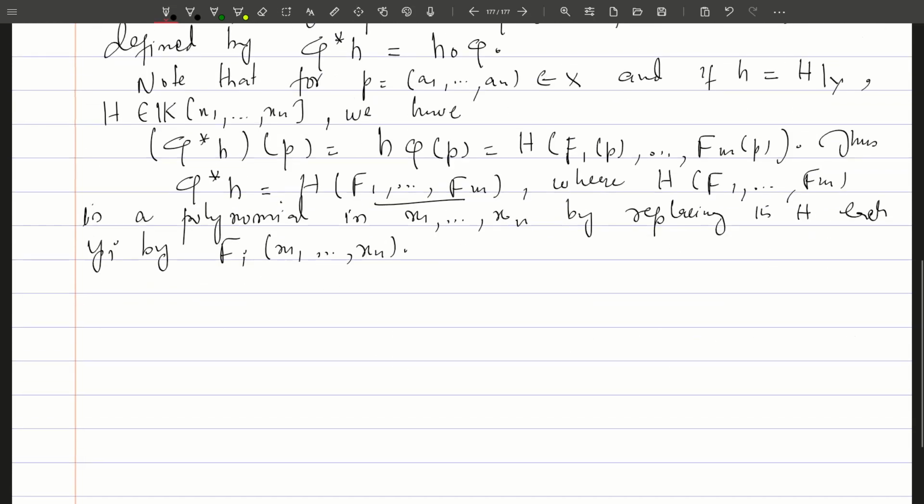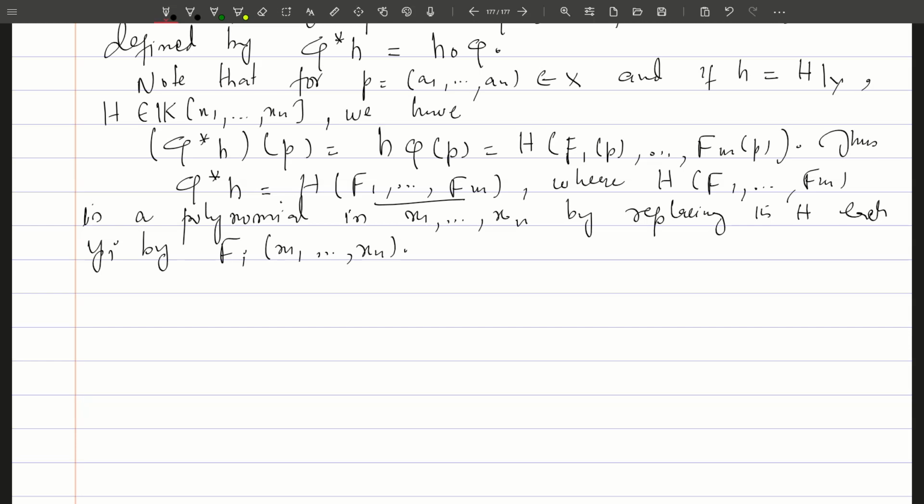Now one can determine a polynomial function by these pullbacks. But before that, one can note that phi star from AY to AX is a k-algebra homomorphism.